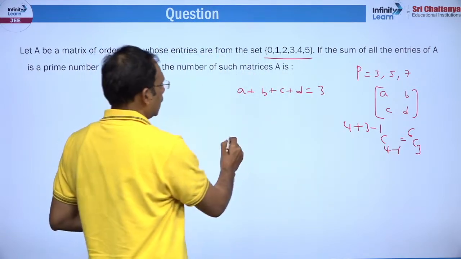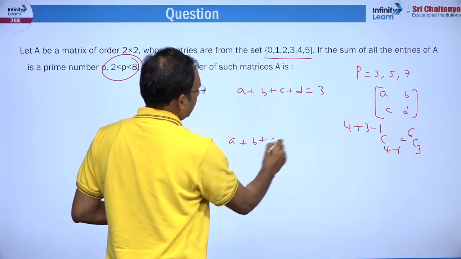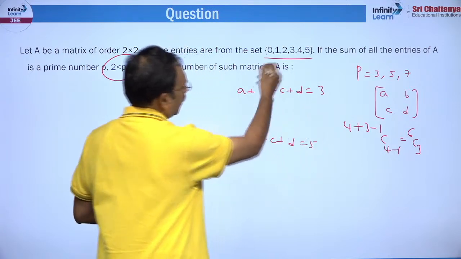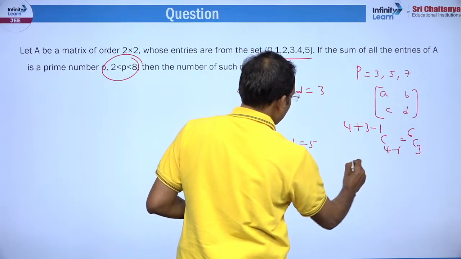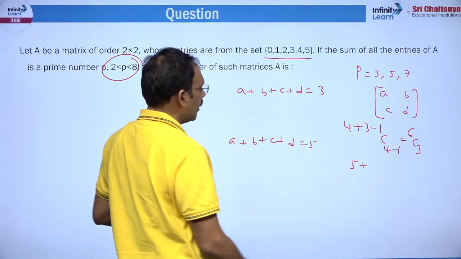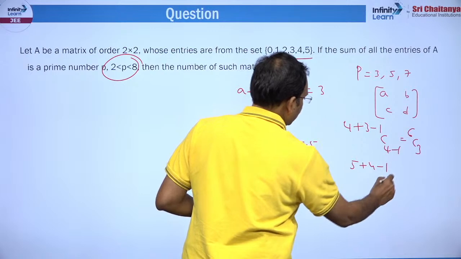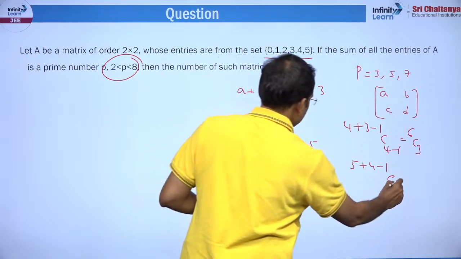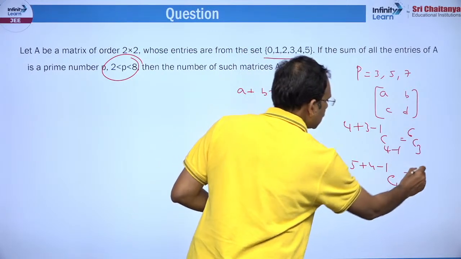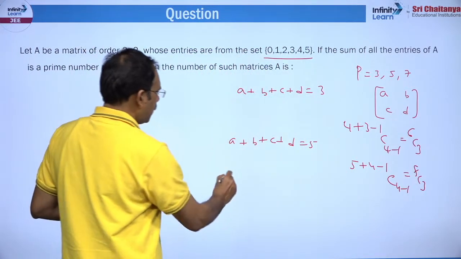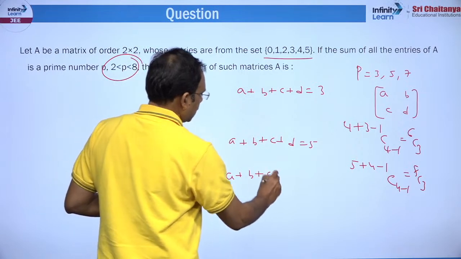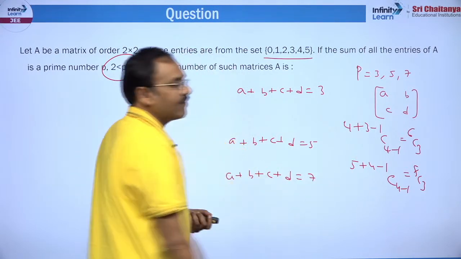The next, a plus b plus c plus d is equal to 5, up to 5 it is possible. So here also n plus r minus 1 c r minus 1, which is 8 c 3, my dear friends. The next, a plus b plus c plus d is equal to 7.